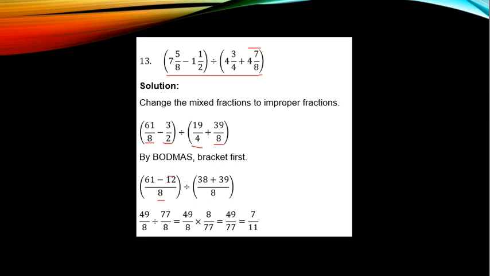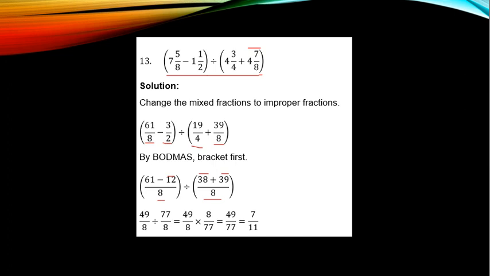The second bracket is addition. That means you also find the LCM of the denominators 4 and 8, and the LCM is 8. So 8 divided by 4 is 2. 2 times 19, you have 38. Divide 8 by 8 is 1. 1 times 39 is 39.